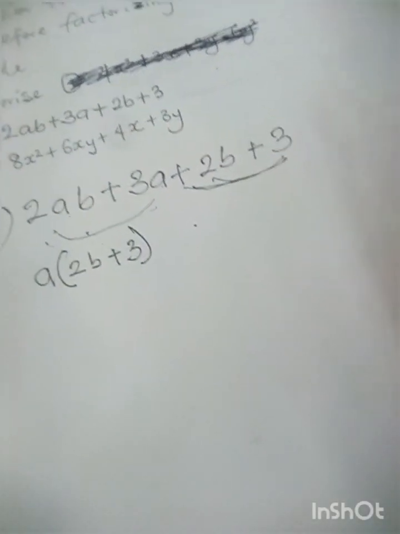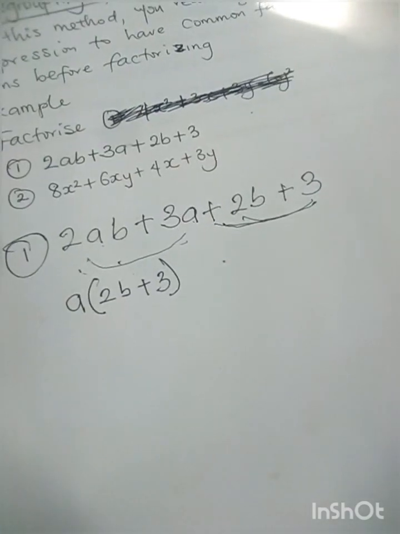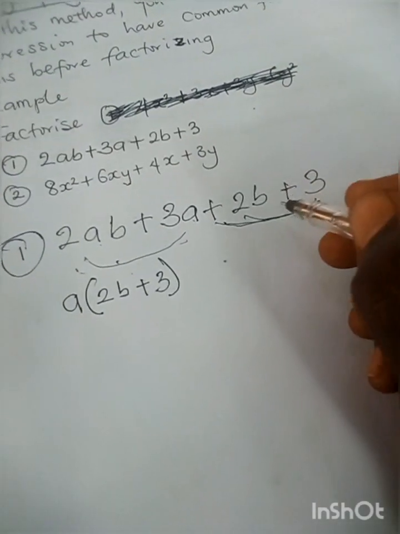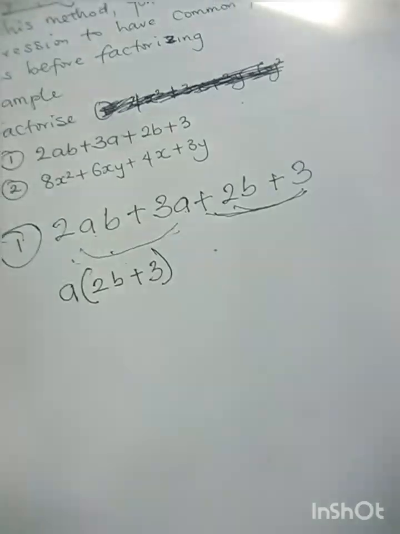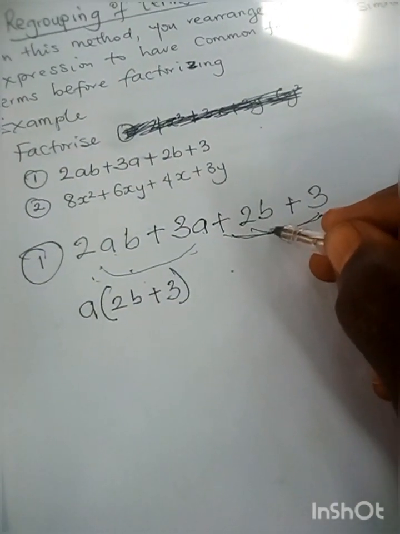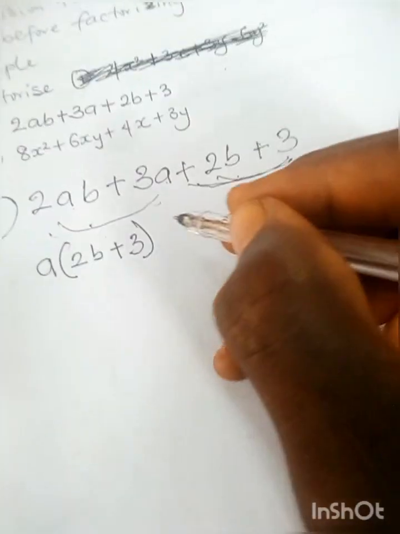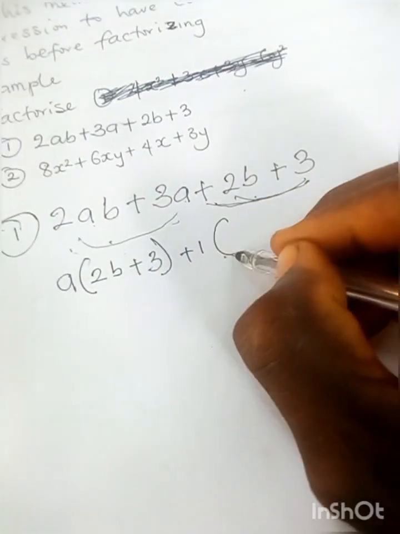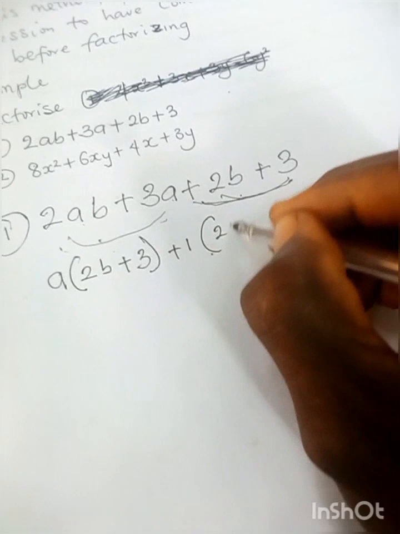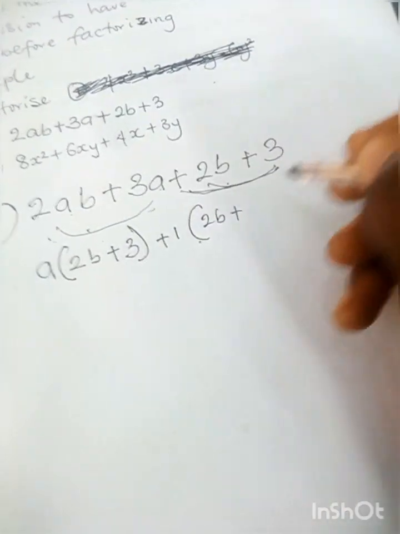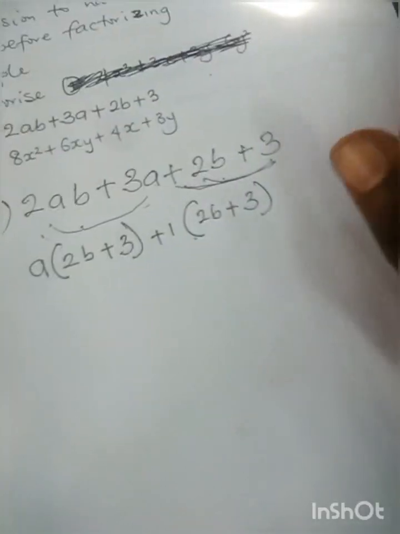I believe here nothing is common to you, but like I said before, 1 is a factor of all numbers. So 1 is a factor of 2b and also 1 is a factor of 3. So we can say plus 1 into 1 goes here will give you the same thing as 2b, plus 1 goes here will give us 3. So we have done that.